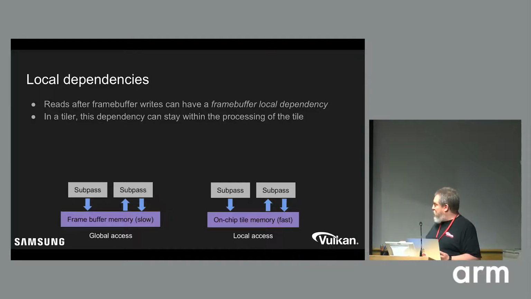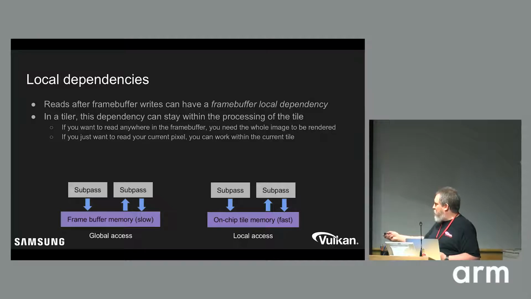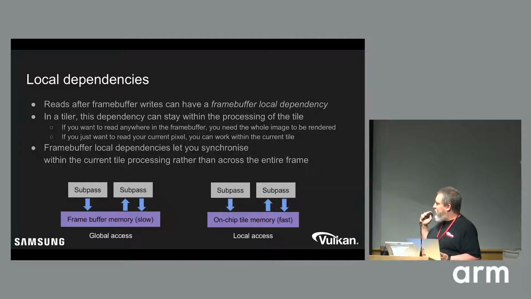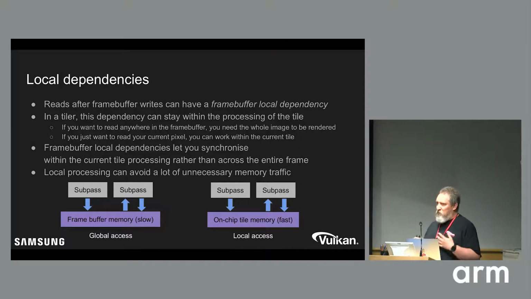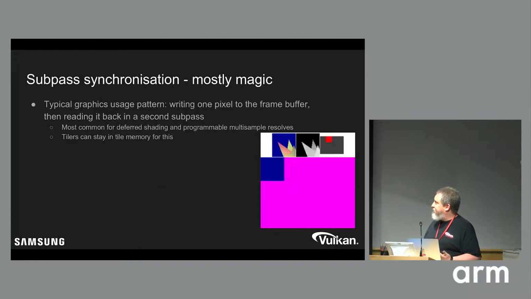On the other hand, if you know that you're only accessing the current pixel, then because both of these can run while a single tile is being processed, everything can work much more quickly. That's particularly efficient on a tiled GPU. So if you're doing local dependencies, it's tile local, and we've given previous talks on how much memory bandwidth you can save by doing that kind of thing.